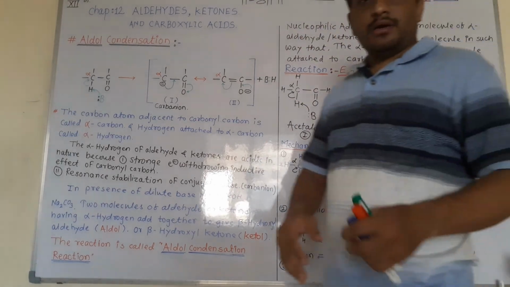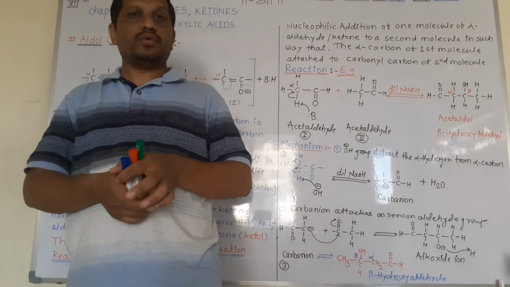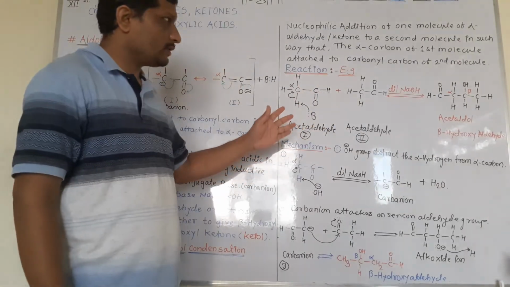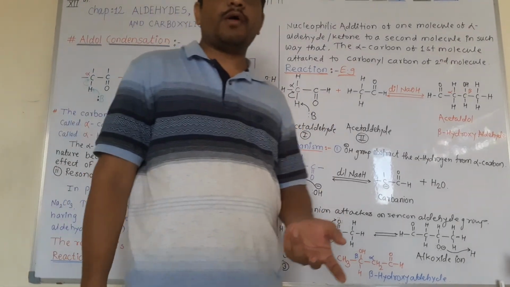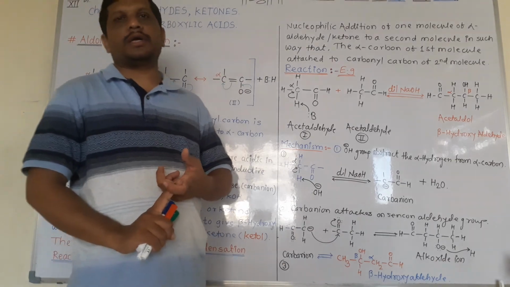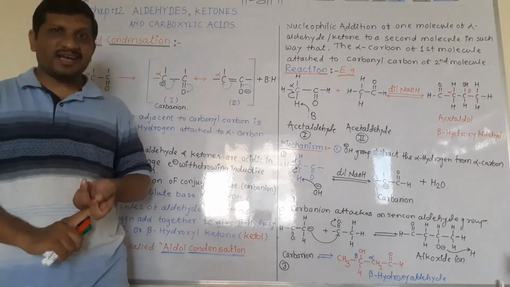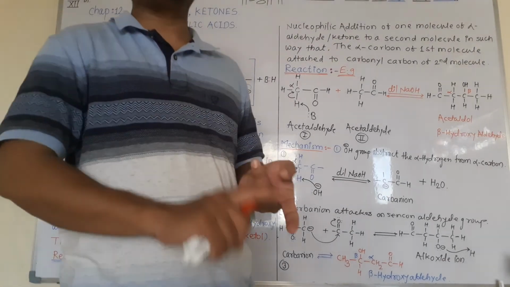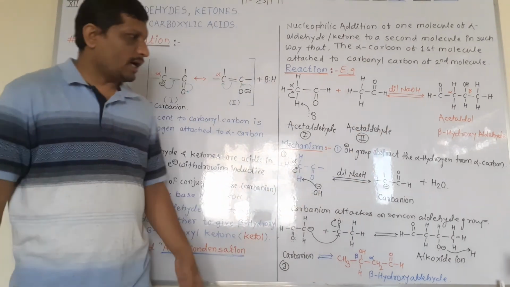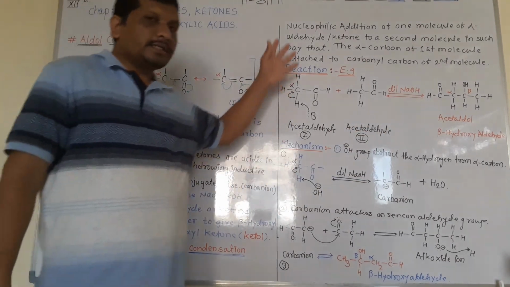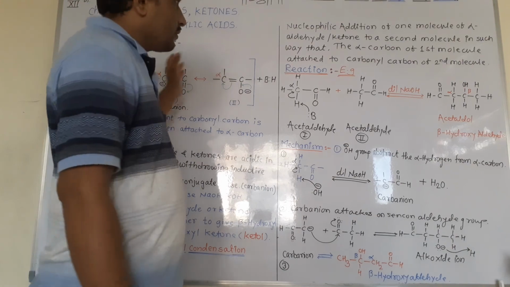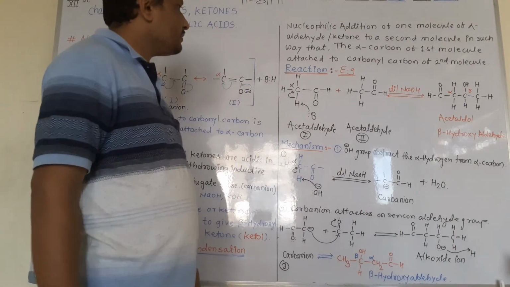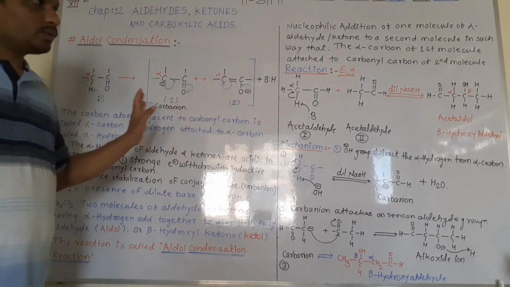Similarly, two ketonic groups also react. Four types of products are formed: aldehyde-aldehyde aldol, ketone-ketone aldol, and aldehyde-ketone products. In a simple way these reactions take place, and it's an easy way to understand.